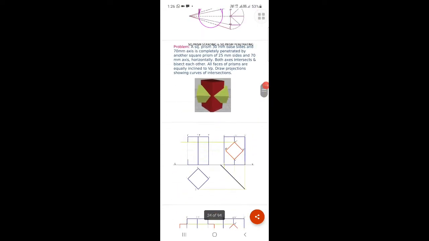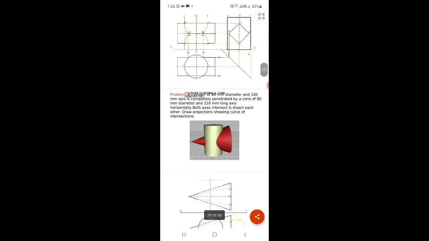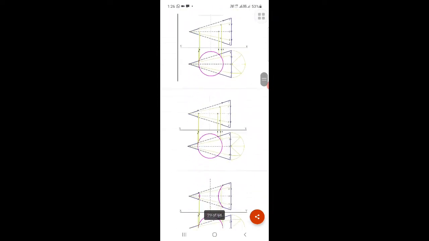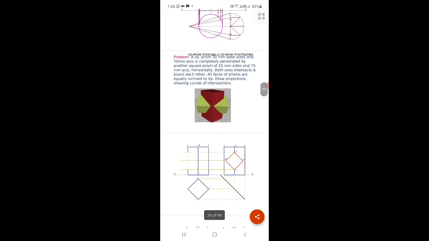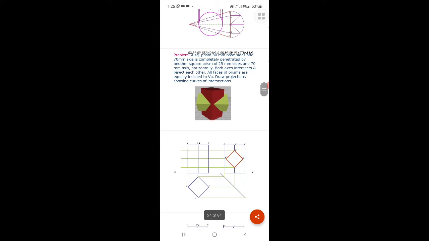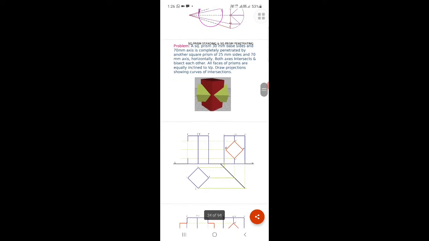So let's see one of the best examples. That is a square prism penetrated by both axes, 25 mm and 70 mm axis. Both the axes intersect.